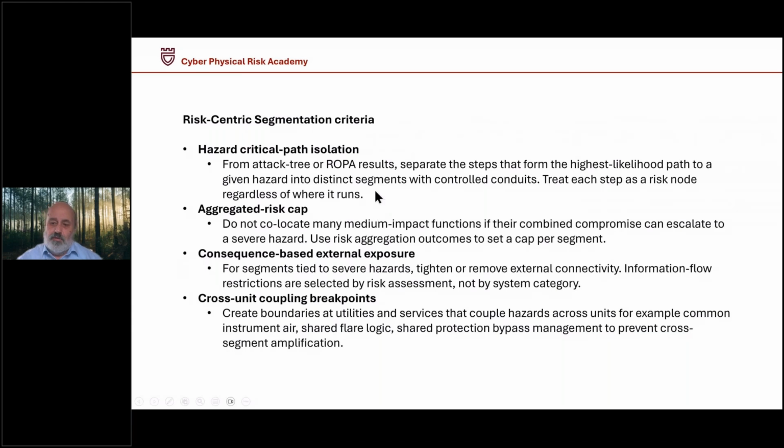You might not even want to connect it to the network, because if someone is able to switch off instrumentation error, the whole plant will kind of stop. So some systems you might willingly not connect to any network, so you segment them fully isolated.